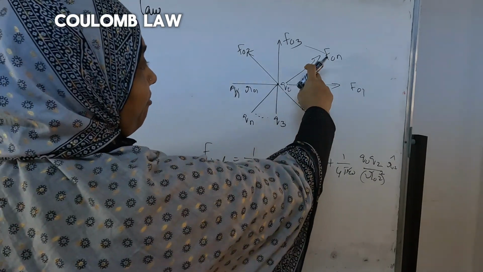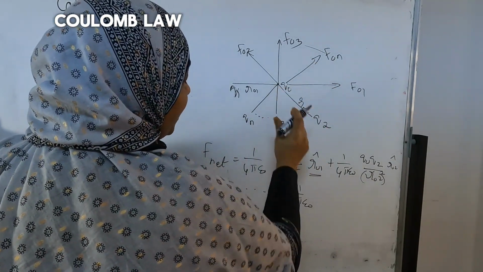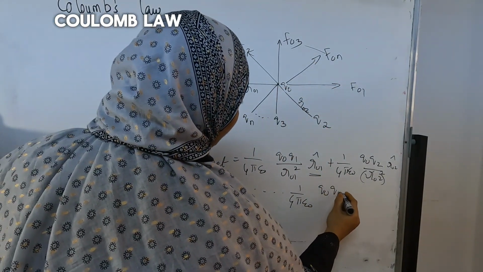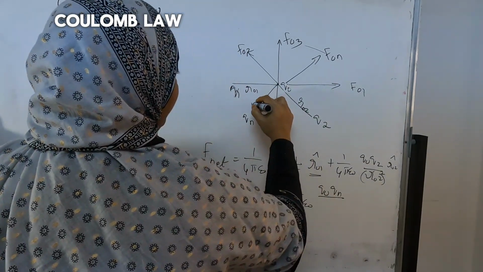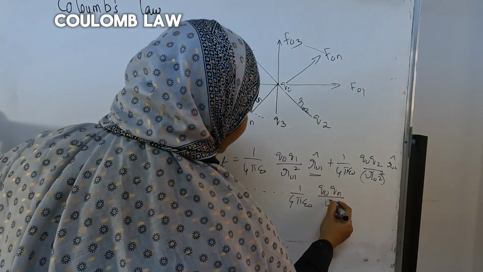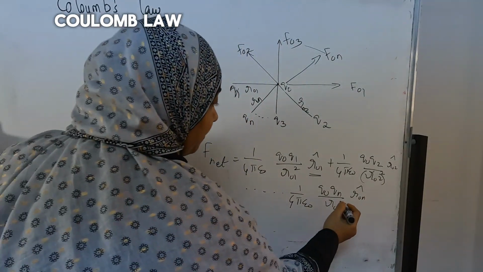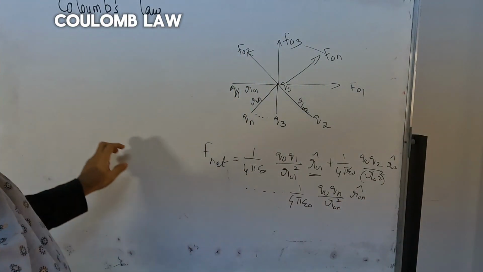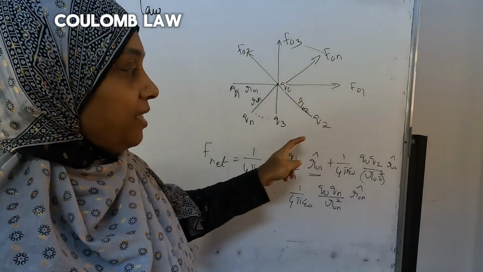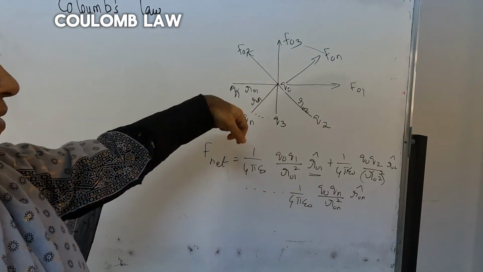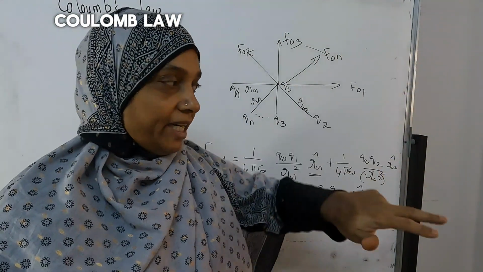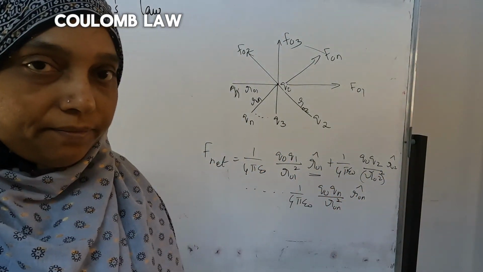Now we write F0n, where these two charges act: Q0 and Qn by the distance between them, R0n square, and R0n cap. This is the superposition principle. However many charges there are, no problem. We will find whether it is repulsive or attractive and combine them.